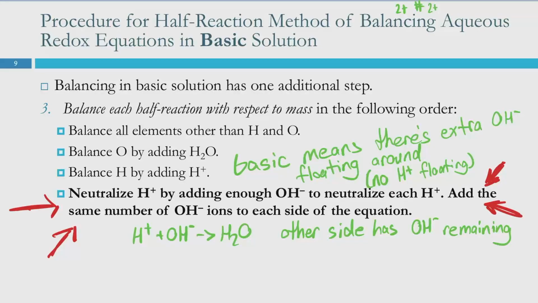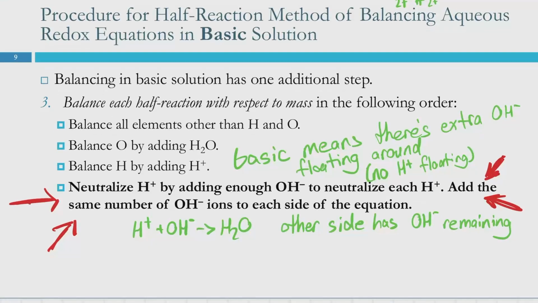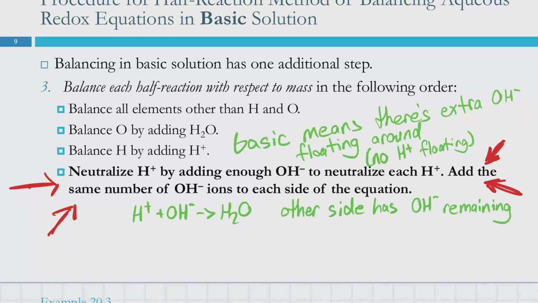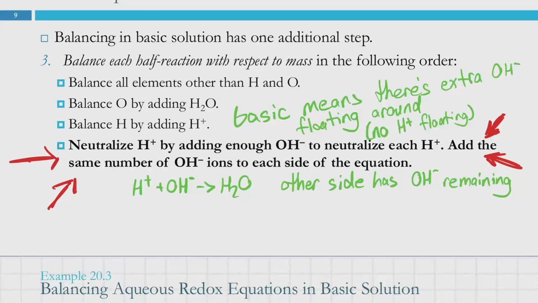What's nice about this is that we basically just memorize one way of doing it. We memorize the acidic balancing, and we add in one extra step to do basic balancing. And it's really quite easy. So this is the way that we do it.